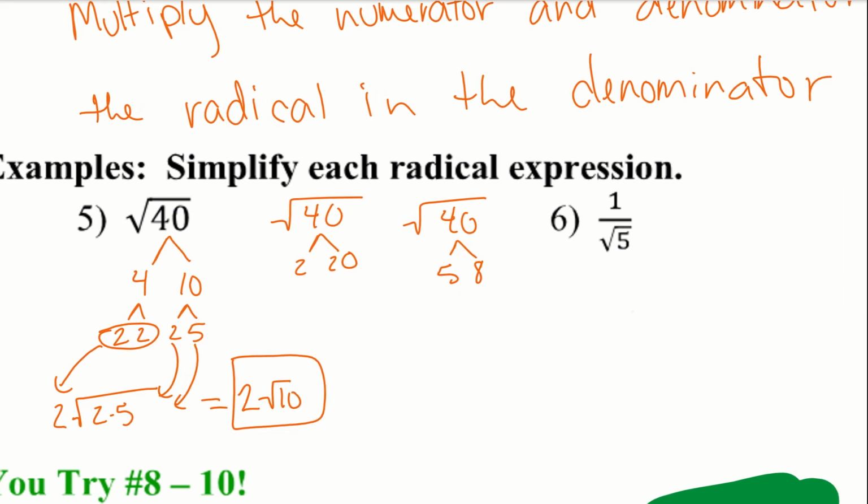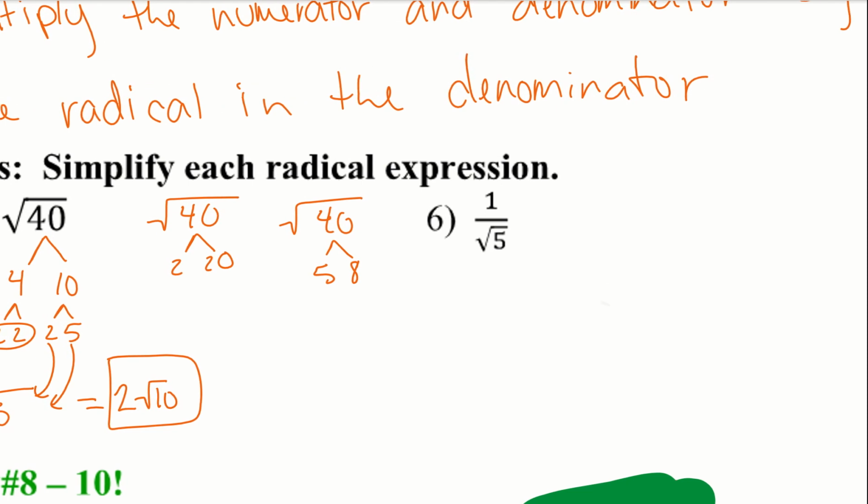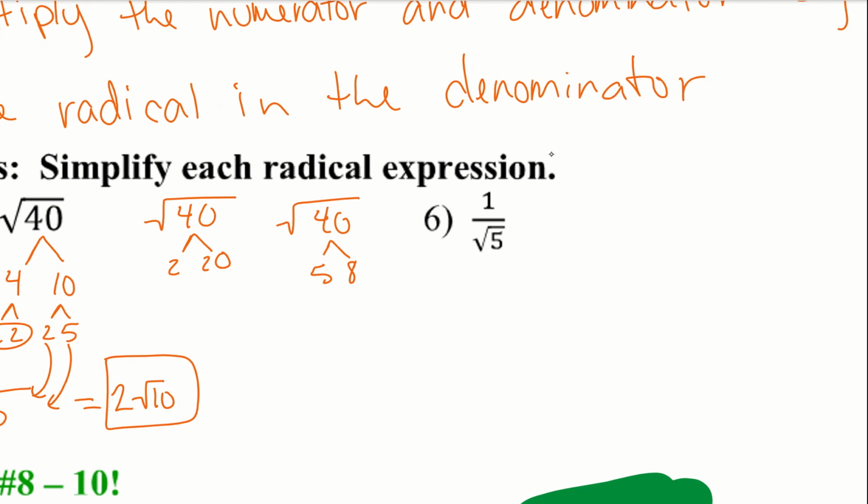Okay. Let's go ahead and take a look at when we have a fraction. I have a square root in my denominator, and I cannot have a square root in my denominator. So what I'm going to do is multiply my numerator and my denominator by the square root of 5. We now have 1 times root 5, and then root 5 times root 5. We can combine these and put them under the same square root.